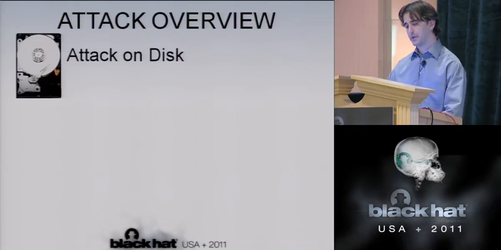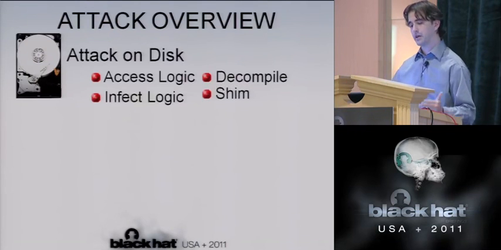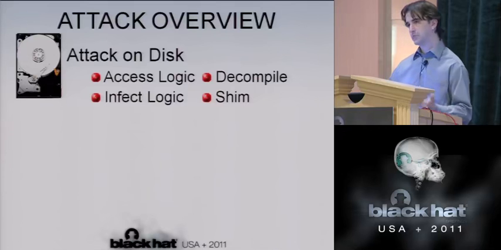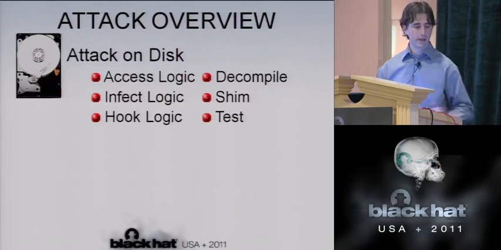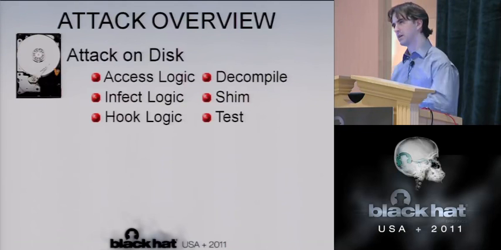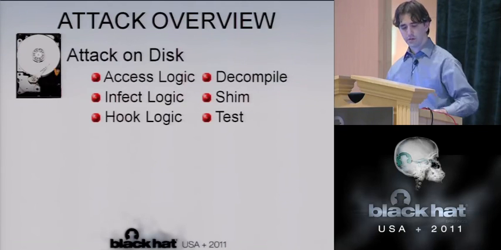The attack overview. When you attack on disk, you access the logic and decompile it. You infect the logic and you drop your shims in and you gain your access to your target. And you hook the logic and you test kind of in an iterative life cycle. You want to know that you're attacking the right objects and the state that you're looking at is correct.